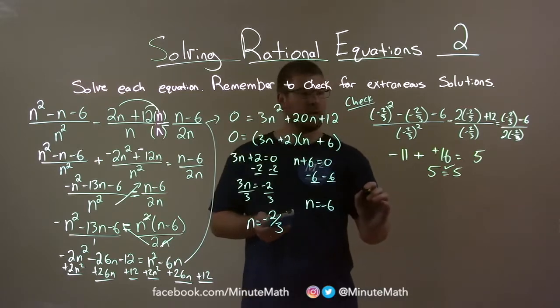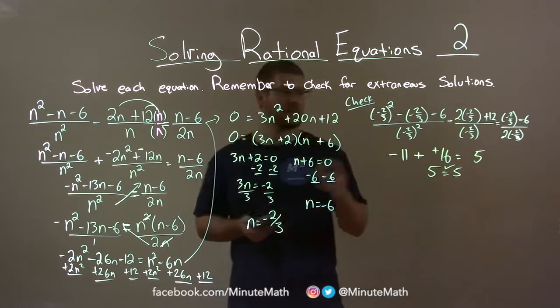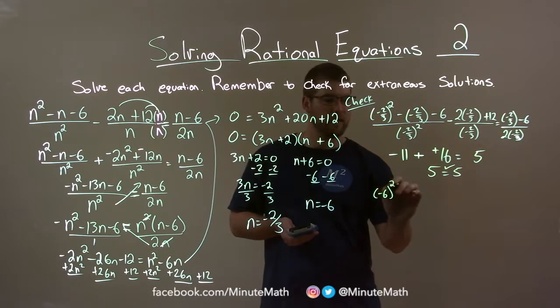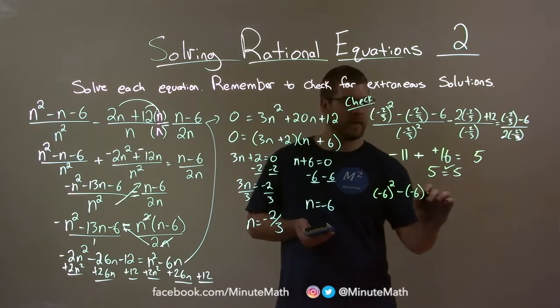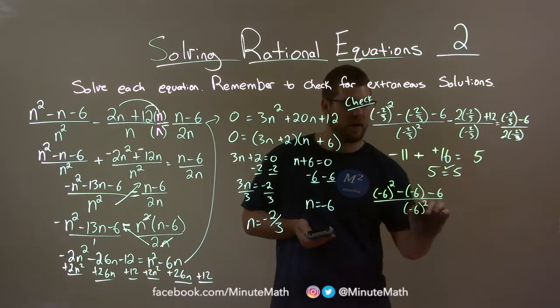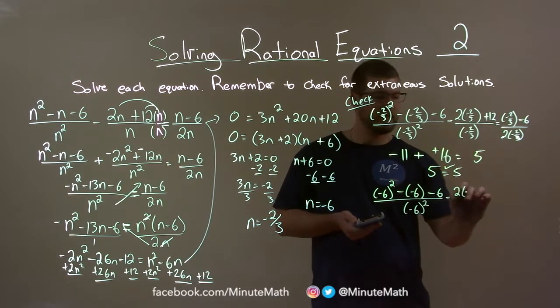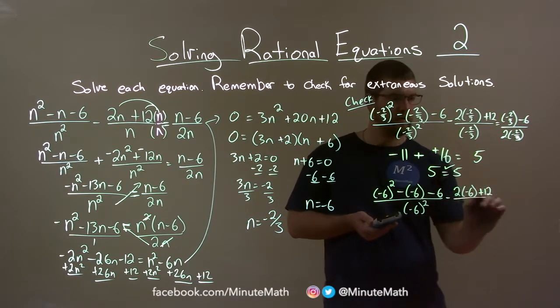The second one, same process: put negative 6 in for n, and see if the left and right hand side are equal. Negative 6 squared minus a negative 6 minus 6 over negative 6 squared, minus 2 times negative 6 plus 12 over negative 6.